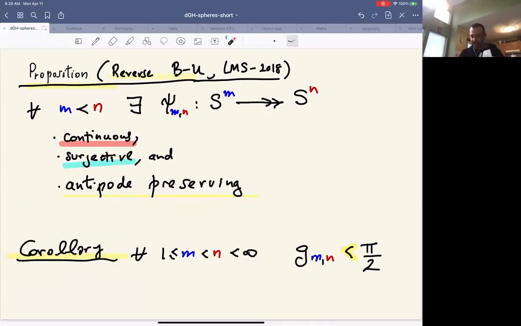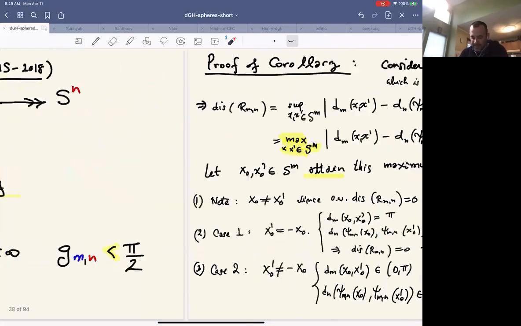So, one immediate corollary of this proposition is that the inequality must be strict. So for all finite m and n, it is not true that the Gromov-Hausdorff distance will be equal to pi by 2. We can produce something smaller than that by using this sort of map. And here's the idea.